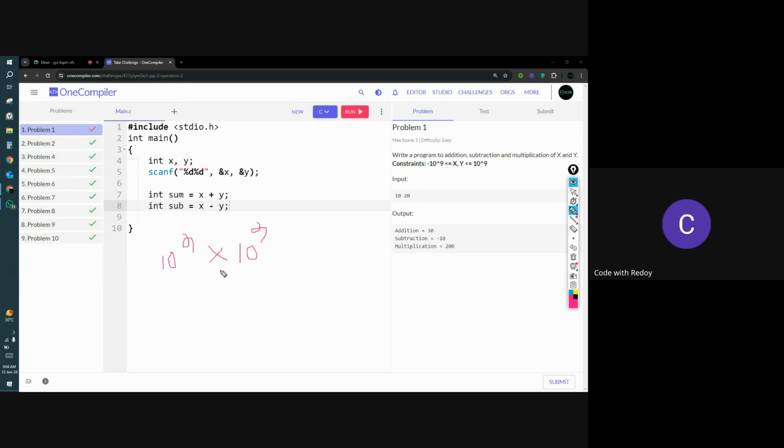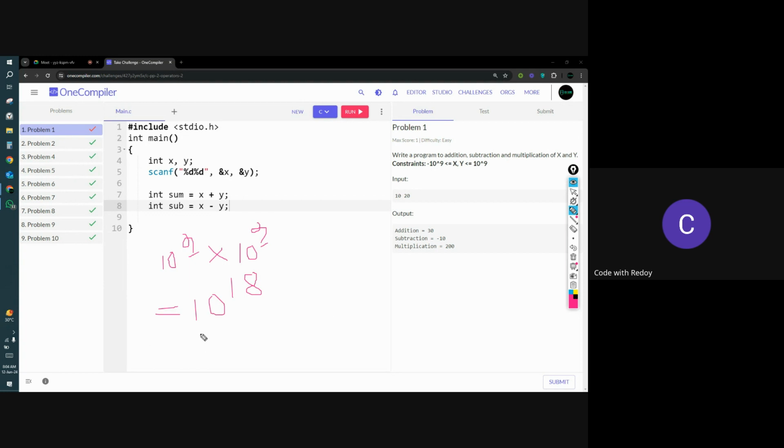So for the multiplication, the power will be what? Add or sub, addition or subtraction? Well, you add the power numbers. That means 10 to the power 18, right? We have seen in the previous class.